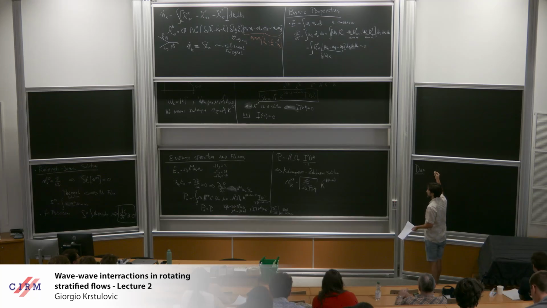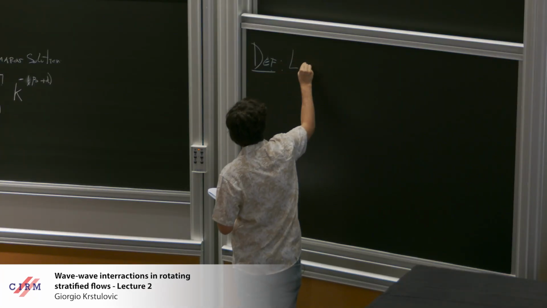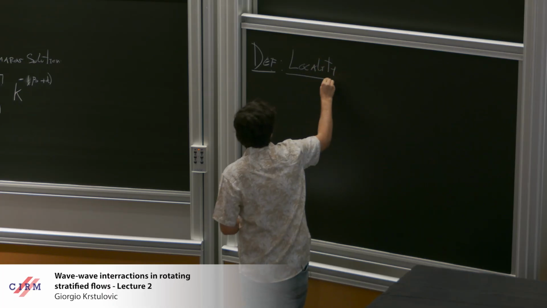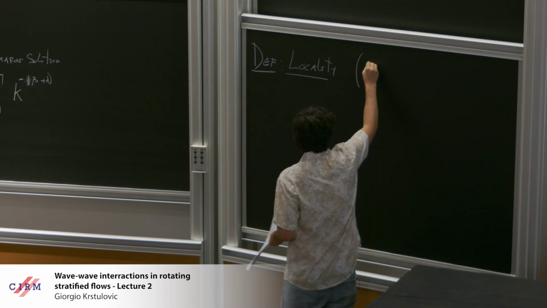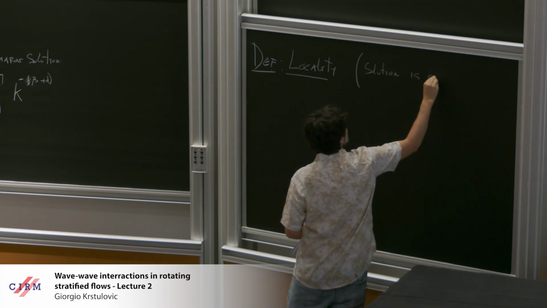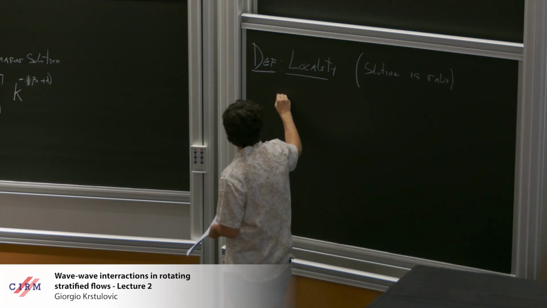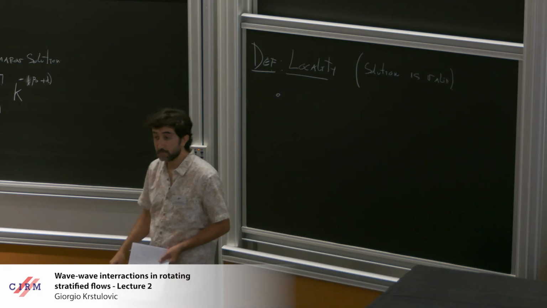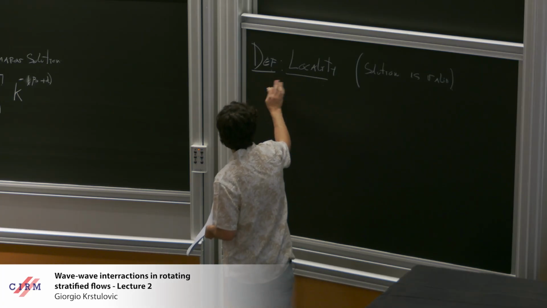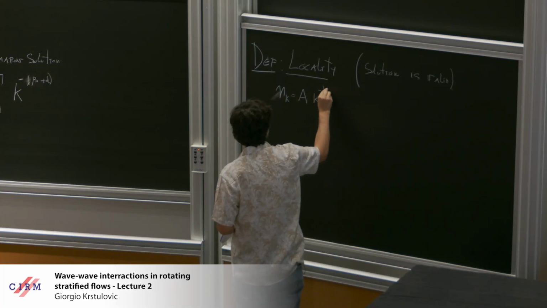We say that, how we call it, there is the concept of locality, basically that the solution is valid. So I will just rewrite what I mean by locality. The locality is that the solution n of k, A k to the minus nu, is local.